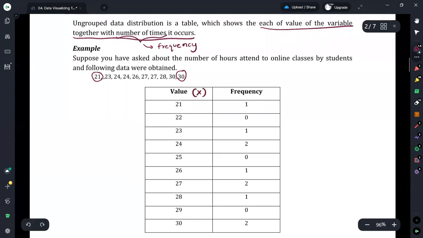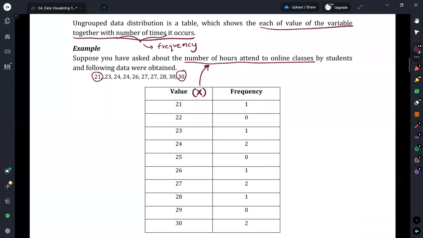Here X is our variable, the number of hours attended to the online classes, and the frequency can be denoted using the lowercase letter f.